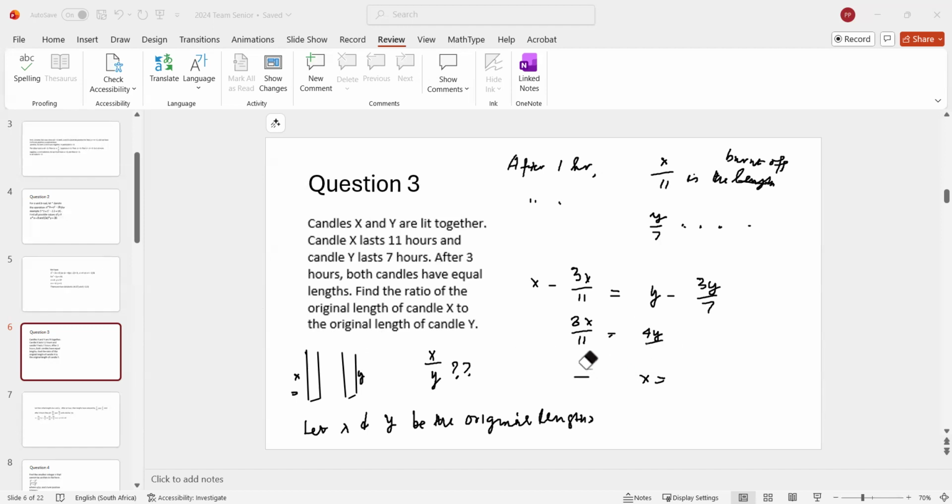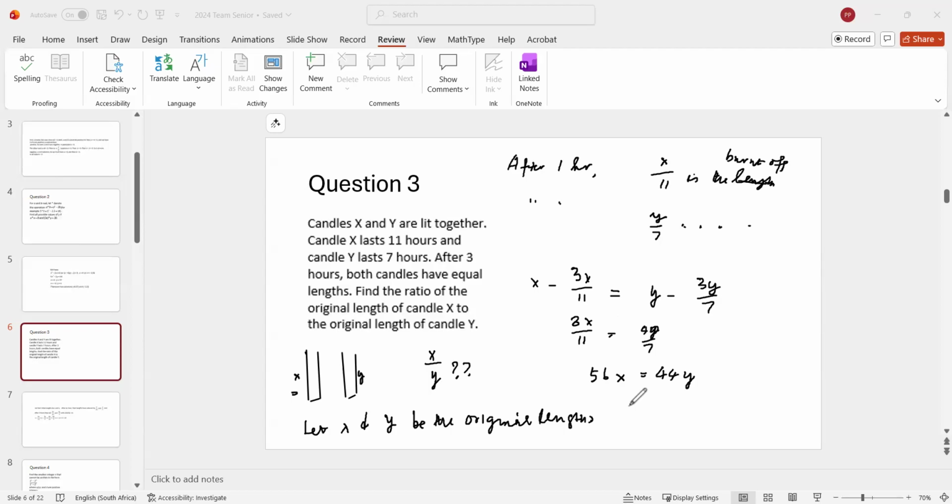Let's do this again. So 8x over 11 is equal to 4y over 7. If you cross multiply, you get 56x equals 44y.